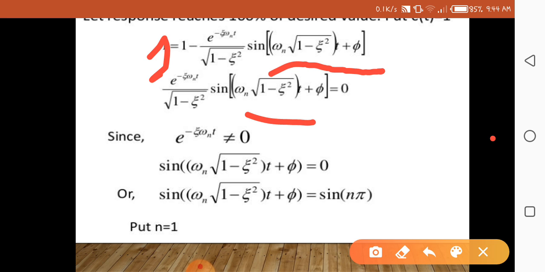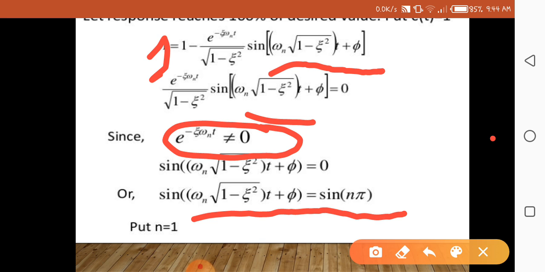Now the value of e^(-ζωn t) is not equal to 0. So this equation is rewritten as sin(ωn√(1 - ζ²) t + φ) = 0. Next, it is also rewritten as sin(ωn√(1 - ζ²) t + φ) = sin(nπ). Now put the value of n as 1.